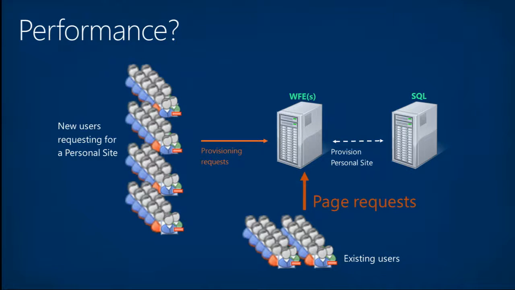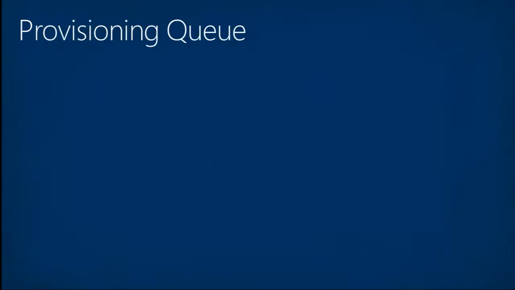So we did not want to land in this kind of a situation where we see reds when it comes to the server and page requests. So on the implementation side, as we moved from the synchronous model to the asynchronous model, now we have a queue. That's the implementation part.